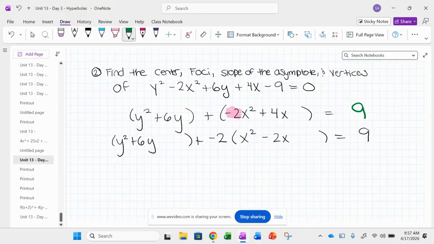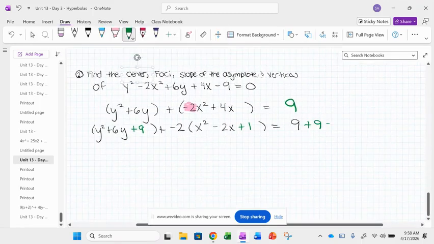So half of 6 is 3. 3 squared is 9. So if I add 9 to the left, I have to add 9 to the right. Half of 2 is 1. 1 squared is 1. In reality, I'm not really adding a positive 1, because isn't there a GCF of negative 2 on the outside? So I'm going to do negative 2 times 1, which is a negative 2, to the other side.